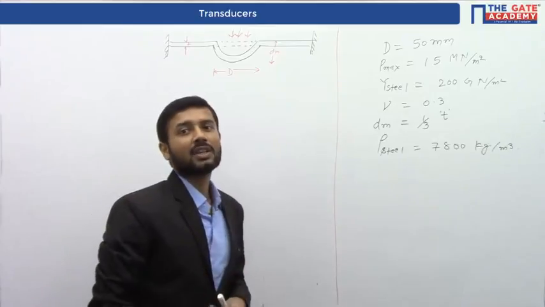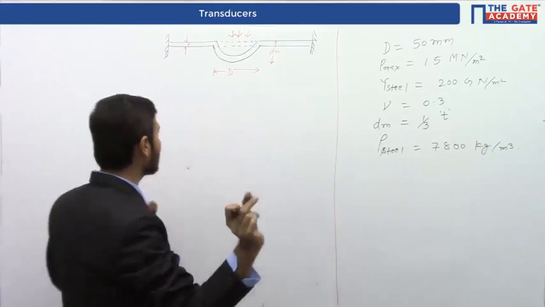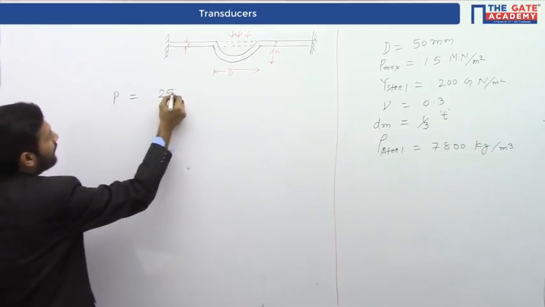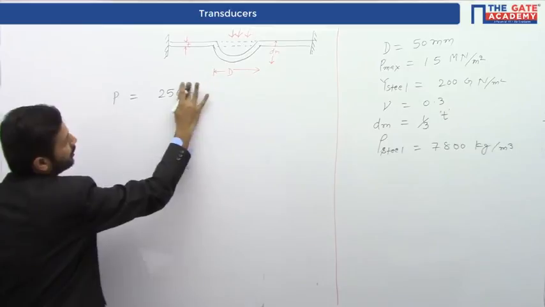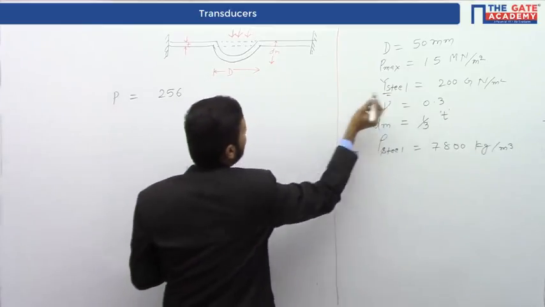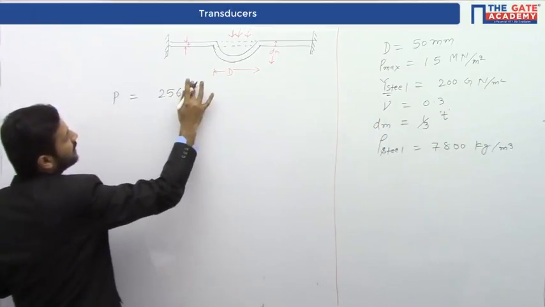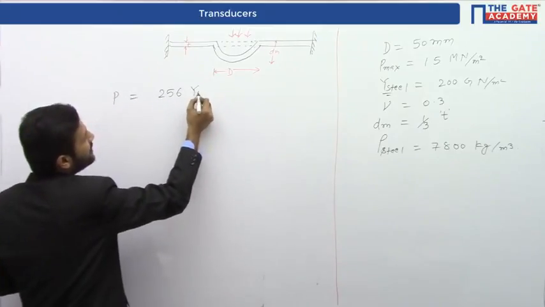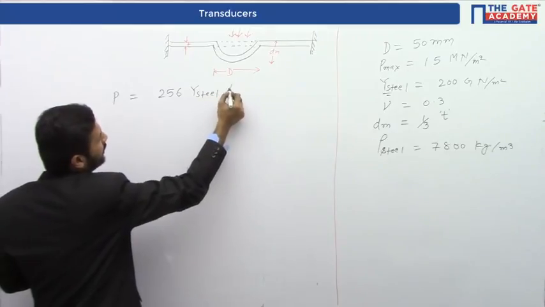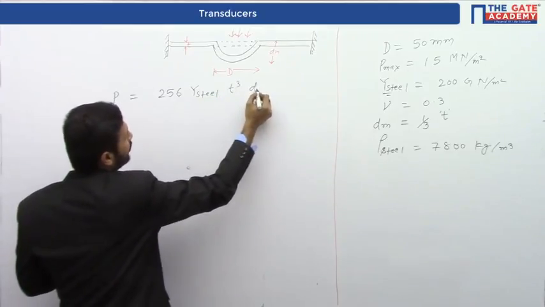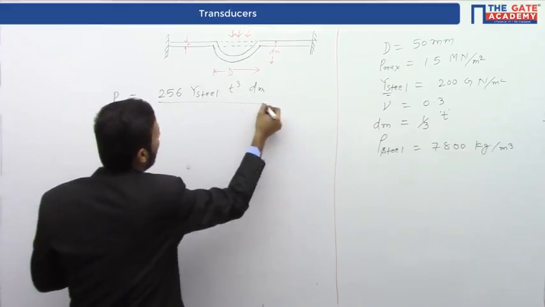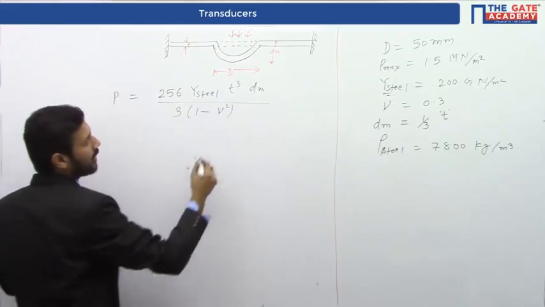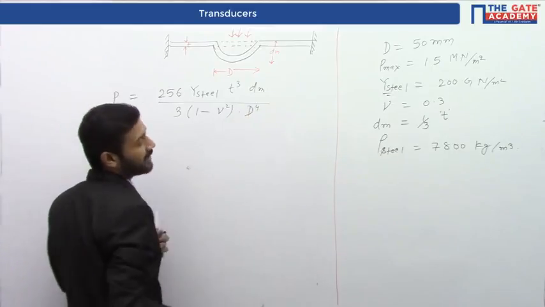Now, we know that the applied pressure P is equal to 256 into Young's modulus, which I am writing as Y of steel, into t cubed into this deflection dm, divided by 3 into (1 minus Poisson's ratio squared) into diameter to the power 4.